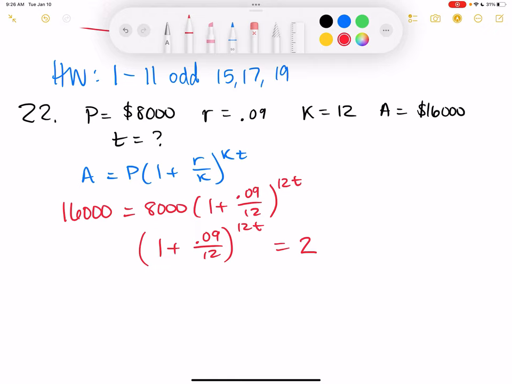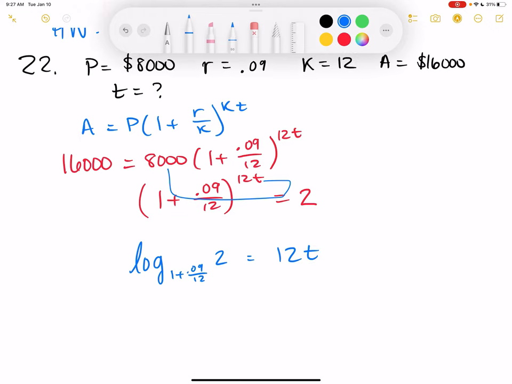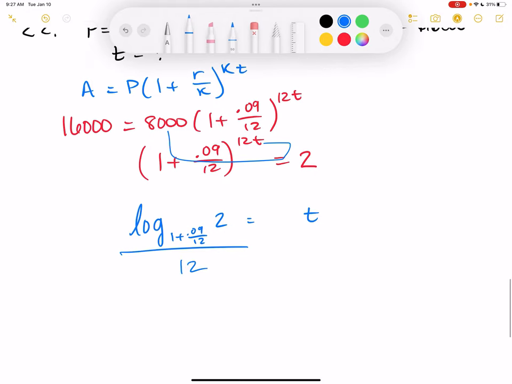Log. Make it a log. Yeah, that's what I said. So it'll be log base 1 plus 0.09 divided by 12 of 2 is equal to 12t. So then whatever you get for that will be divided by 12, and that'll be t.